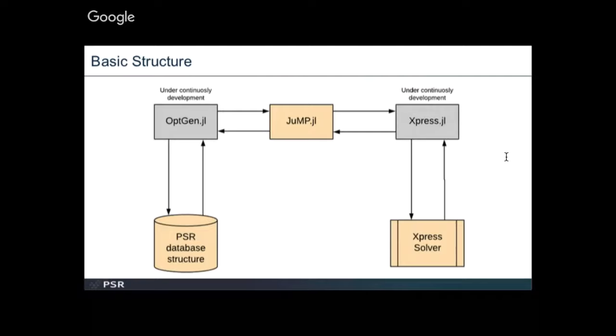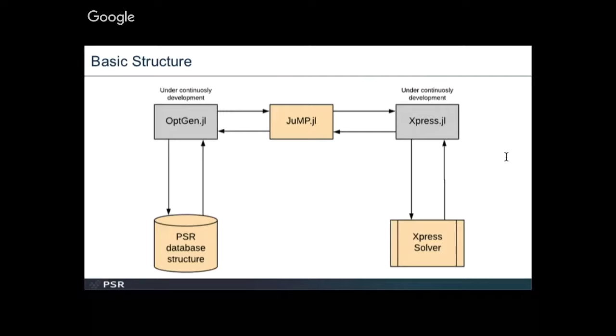It builds the constraints using JuMP, and then uses the Xpress wrapper to pass the constraints to the Xpress solver, which solves the model. Then the results go back to Optgen, which processes them and generates reports for the users.